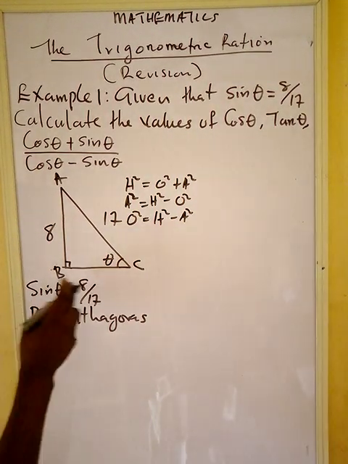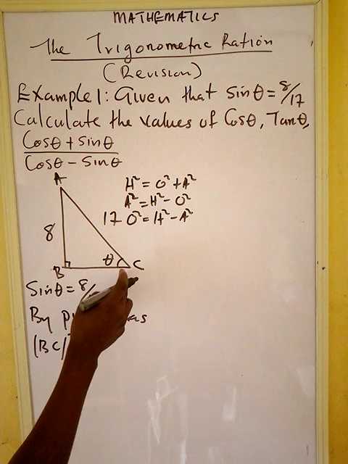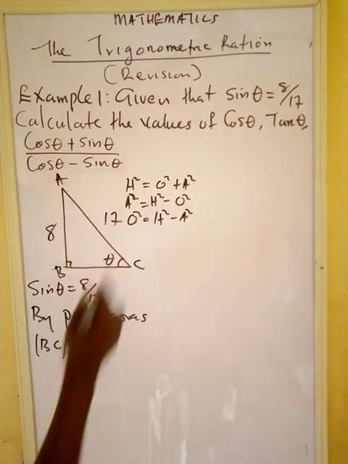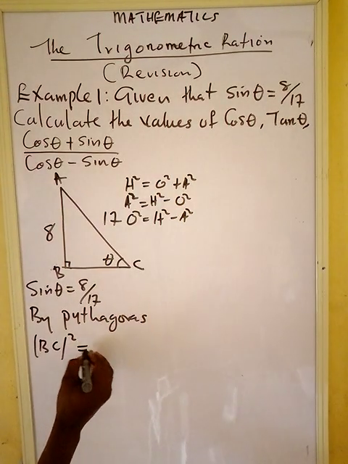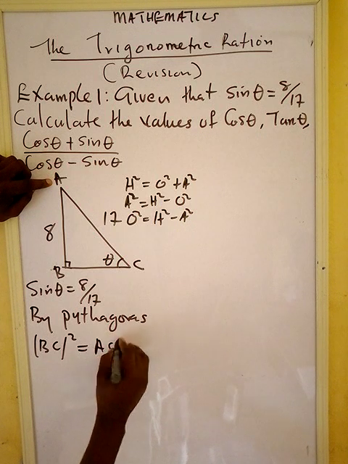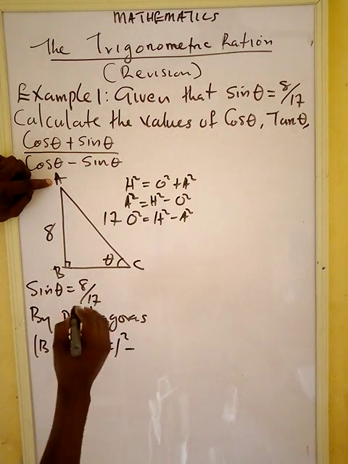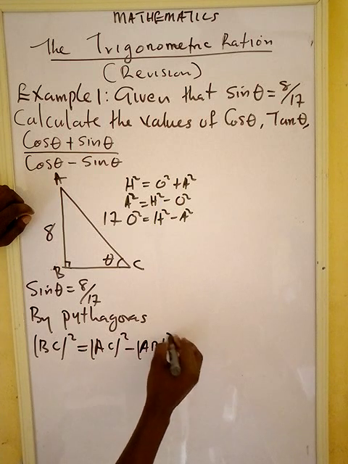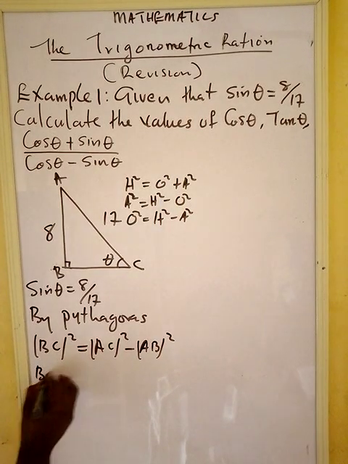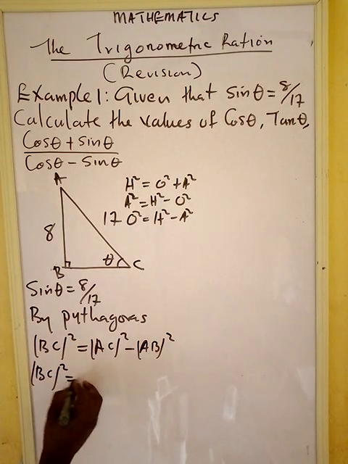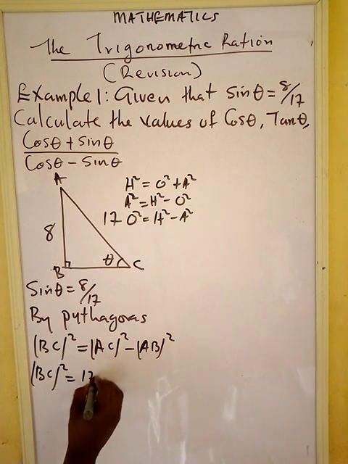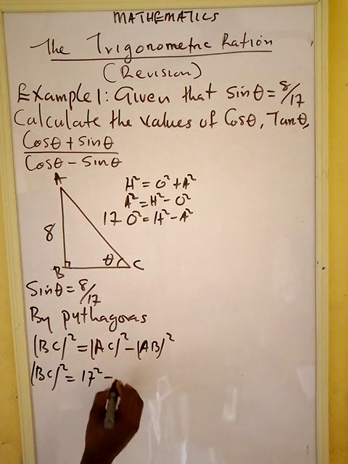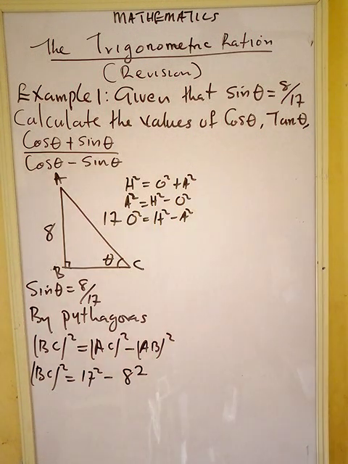What we are looking for now is the adjacent, so BC squared equals AC squared, 17 squared, minus AB squared, 8 squared.